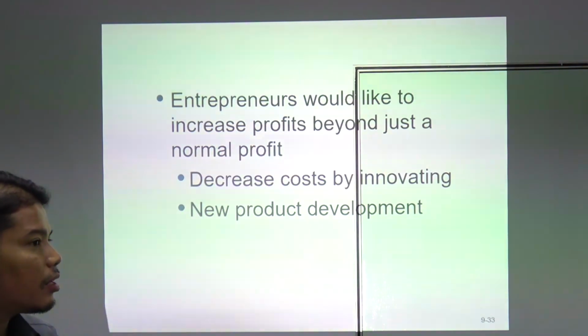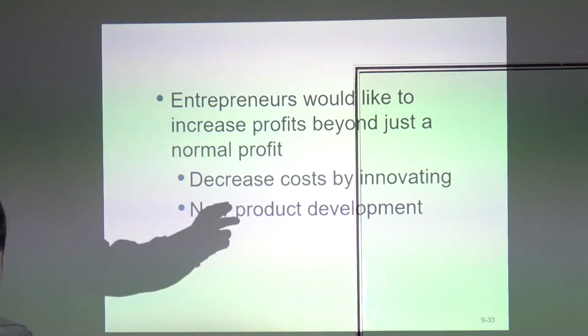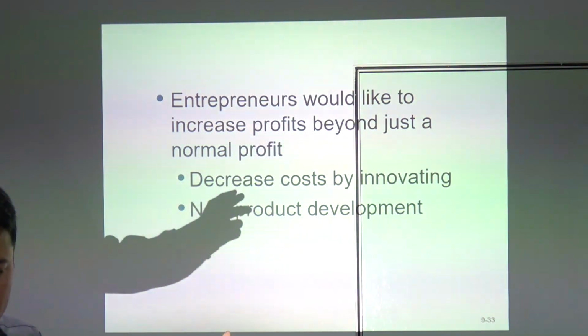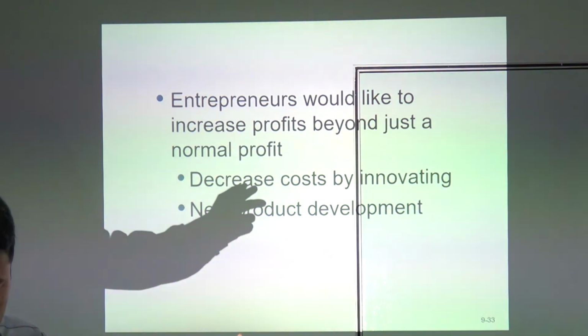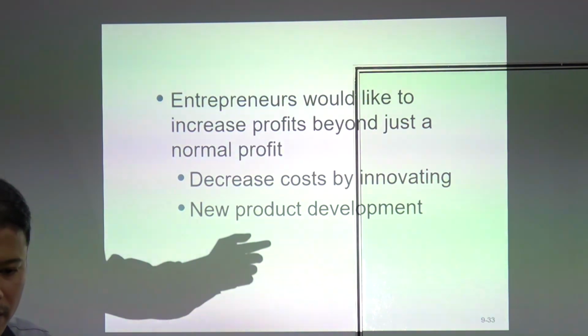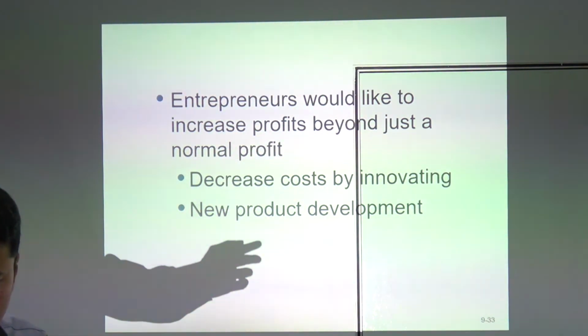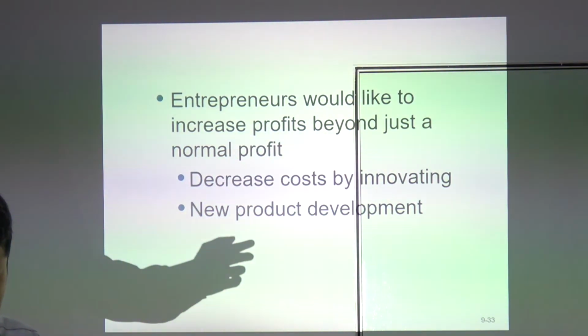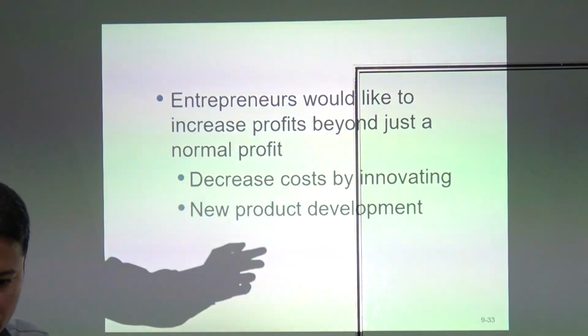In the long run, we have seen that firms will only enjoy normal profit. But enjoying normal profit is something that the firms wouldn't like to have. All firms want to have higher and higher economic profits.